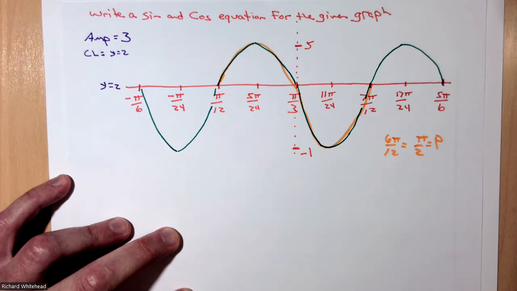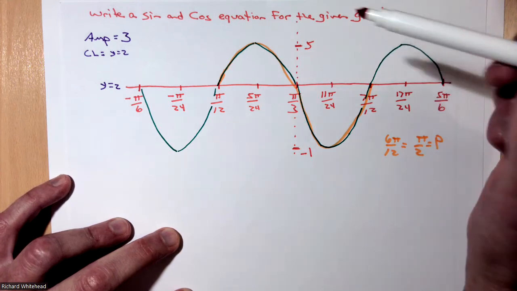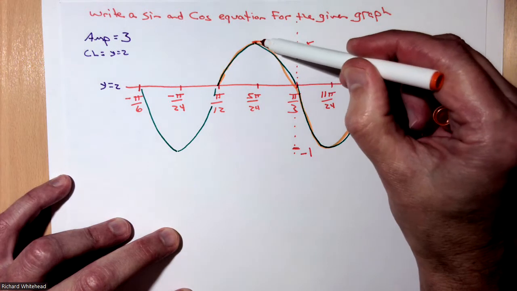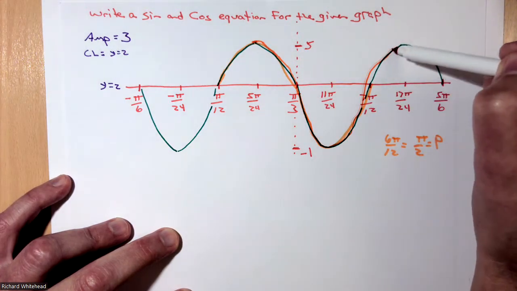Then somebody yells at me and says, no way, you did it like a sine curve. Somebody else says, well, I'm going to do it like it's a cosine curve. So, cosine curve, start at the max, down to the min, end at the max.